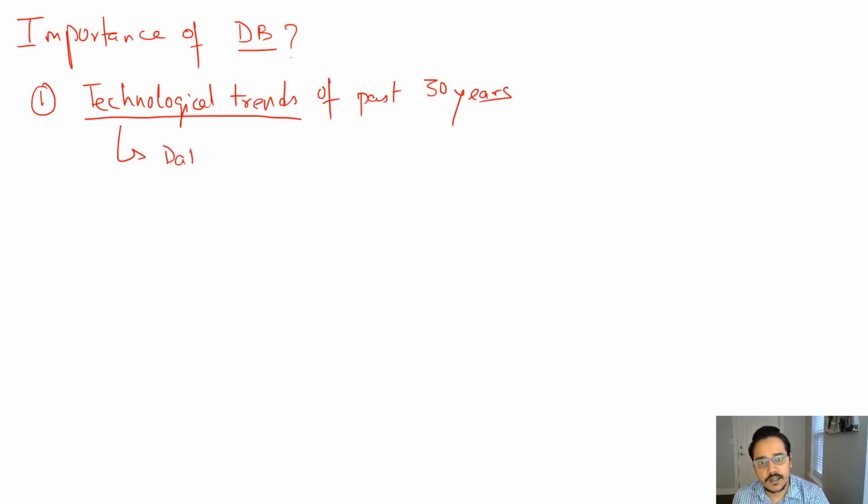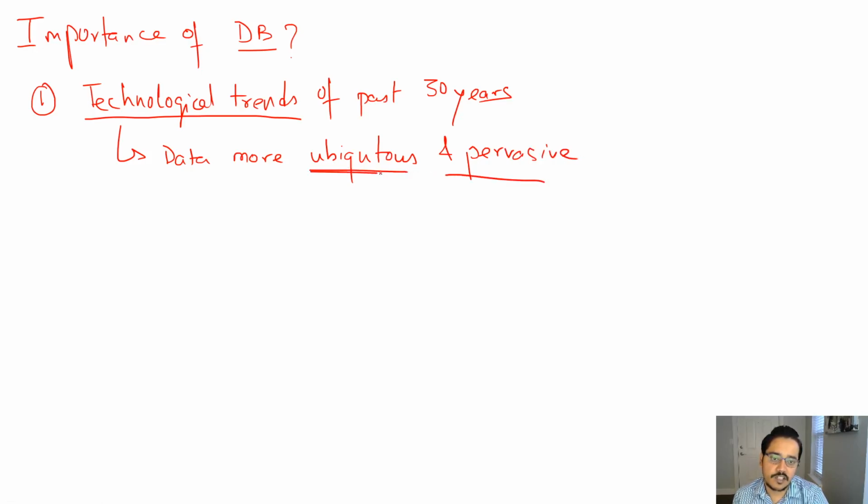is that data is becoming more and more ubiquitous and pervasive. So that data is present everywhere and it is also encroaching on the way of our life.